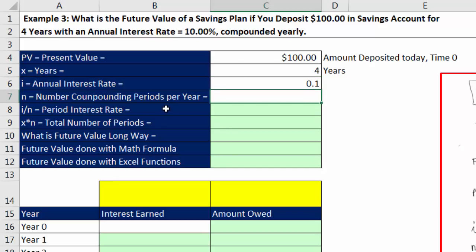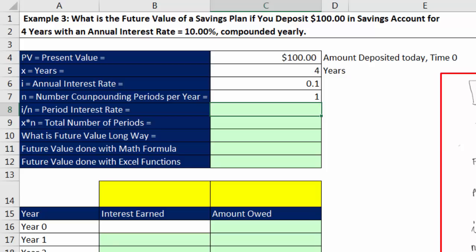Number of compounding periods per year. Well, this one's easy. It's yearly, 1 and enter. Now we need to calculate period interest rate. Now we could, if we wanted to, simply use the 0.1 because dividing by 1 won't change it. But we're going to use this formula over and over, and we want to accommodate the fact that this may change.